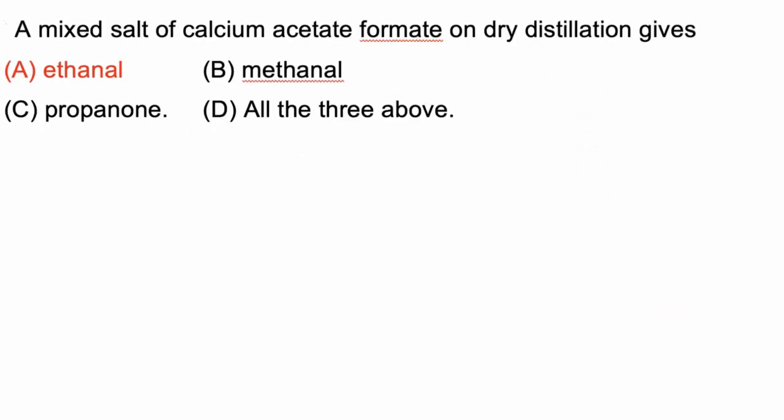In this question we have to identify the product obtained on dry distillation of the mixed salt calcium acetate formate. Now mixed salts are those compounds which are formed from different types of acids. Now calcium formate acetate is formed from acetic acid and formic acid.